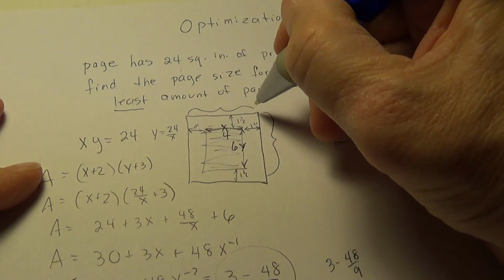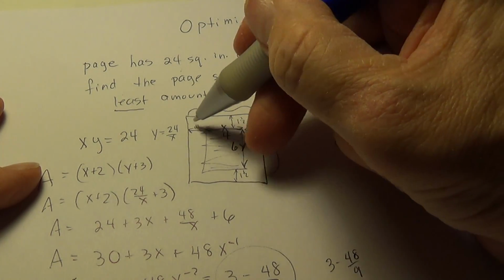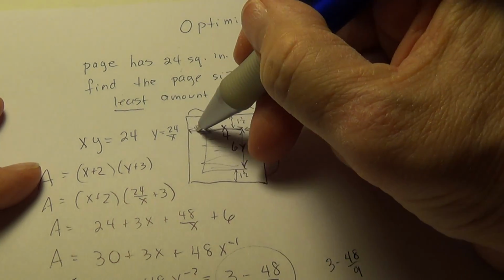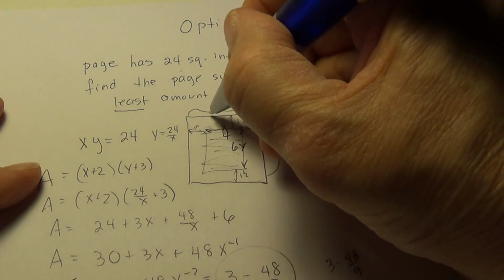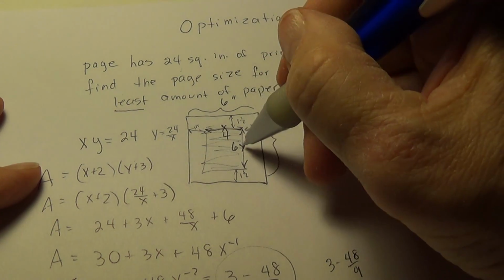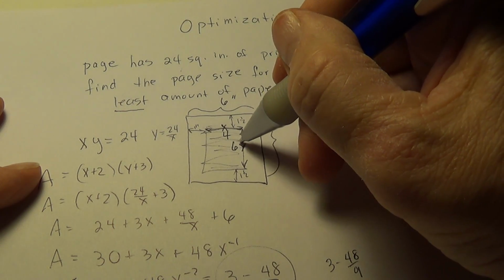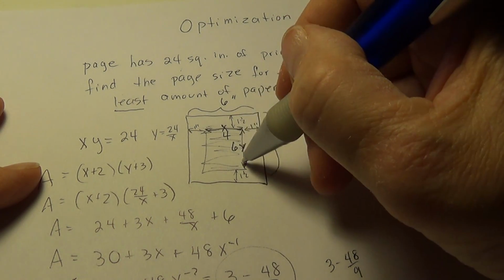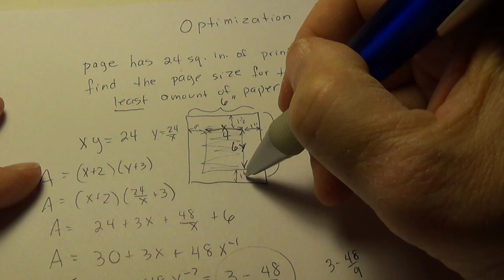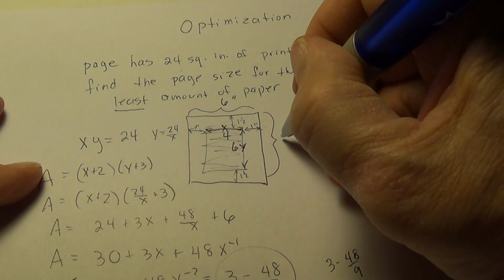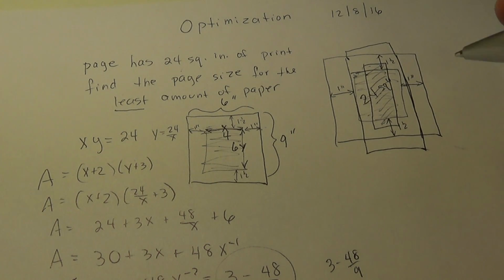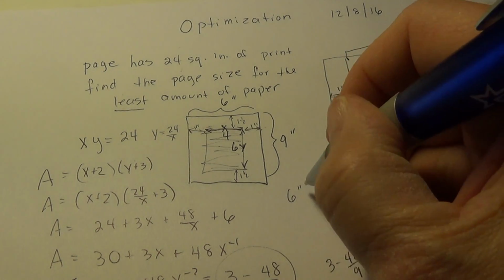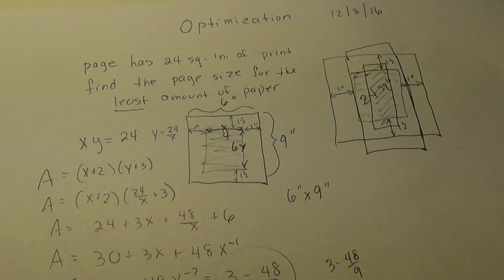To get the dimensions of the page, to the 4 I have to add those two margins, one on each side, so it gives me 6 inches along this dimension. And the printed part is 6, plus 1.5 and 1.5, that's 3. So I end up with a page that is 6 inches by 9 inches.